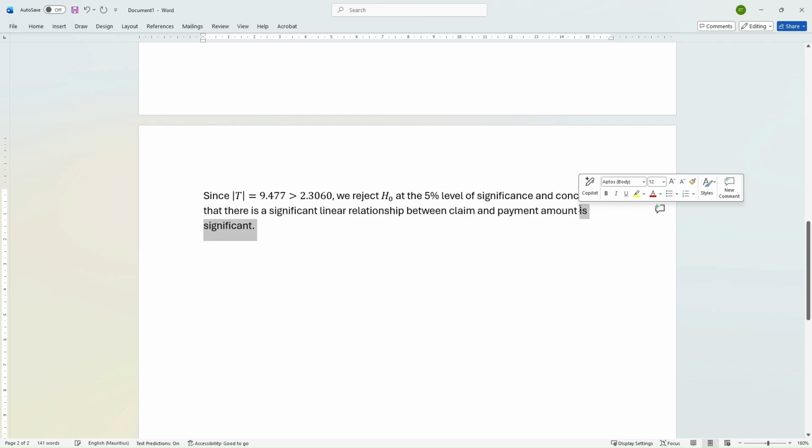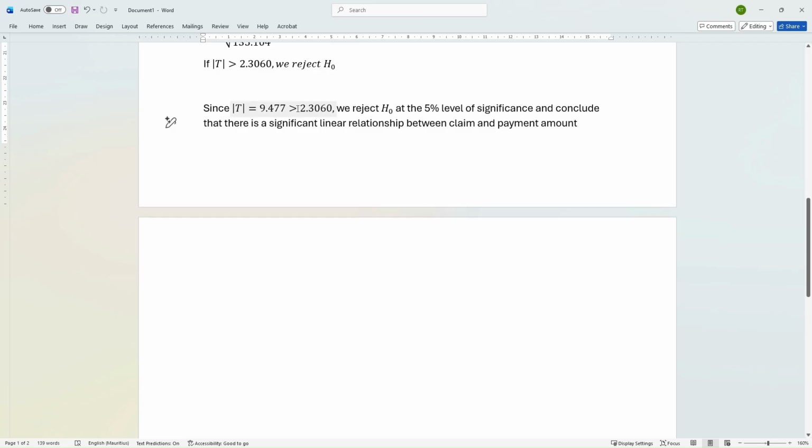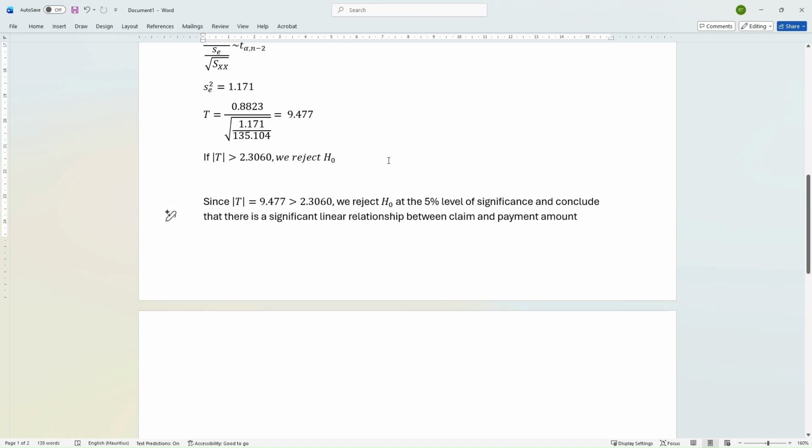That's what you would conclude. Since this is greater than the critical value, we reject the null at 5% significance and conclude that there is a significant linear relationship between claim and payment amount. So that's a little bit how you do a hypothesis testing question for regression and correlation. You basically just need to know the steps, and that's all you have to do.